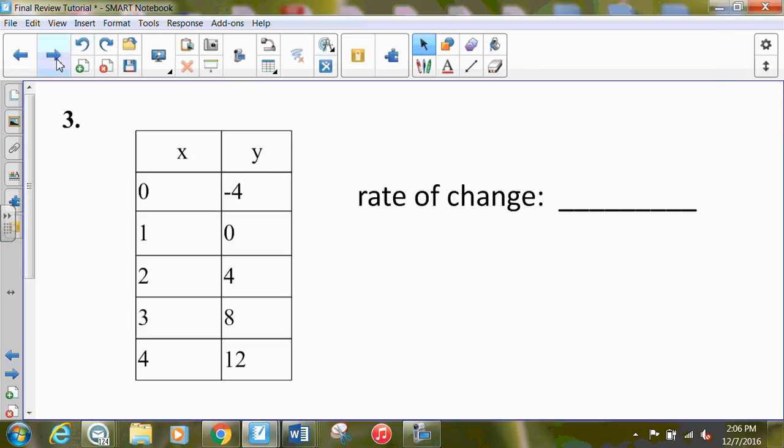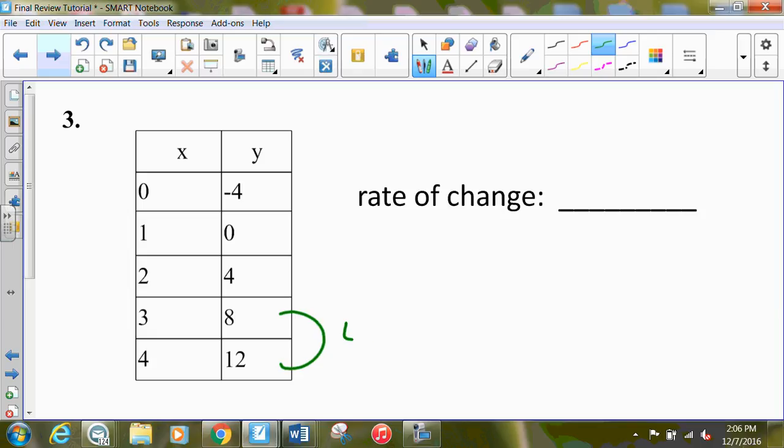Okay, then we were exposed to tables from the very, very beginning, and we were asked to find the rate of change, another word for slope. And so we did the hoops, and when we did the hoops, we always said 12 minus 8, so we're always subtracting, is 4, 8 minus 4, 4, 4 minus 0, 4, 0 minus -4, 4. So right away we can stop and say, oh, the rate of change is 4.